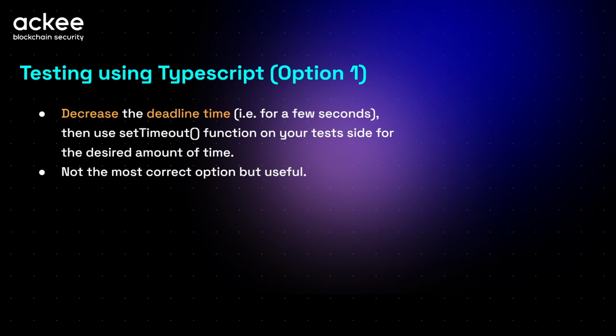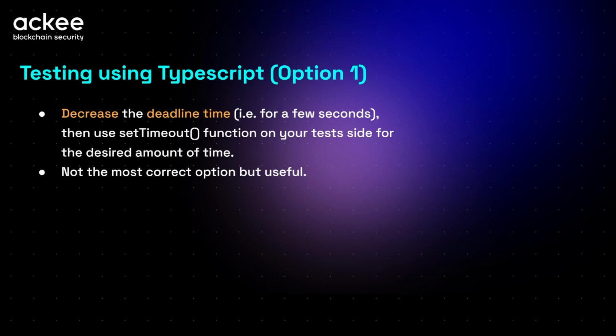Then use the function for TypeScript called set timeout. So basically your tests are going to sleep for the desired amount of seconds, and then continue with the test after the timeout passes. So when you decrease the deadline time, for example to 5 or 6 seconds, you can wait for this small amount of time.